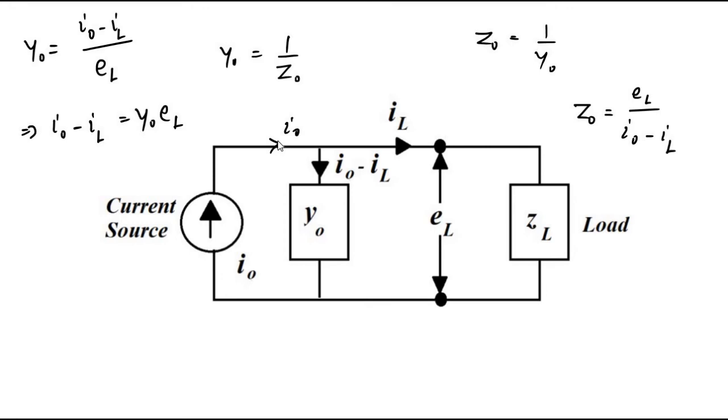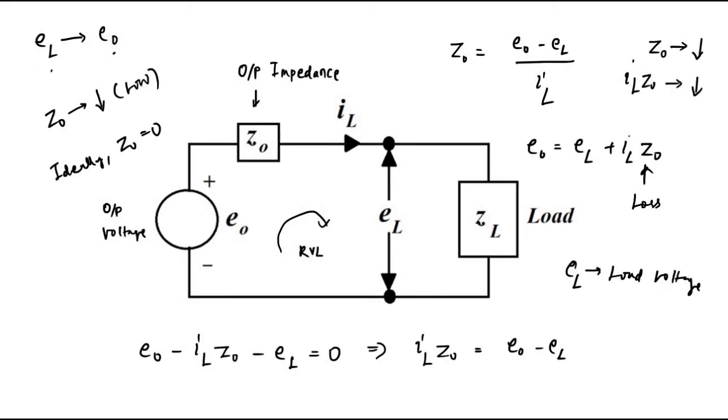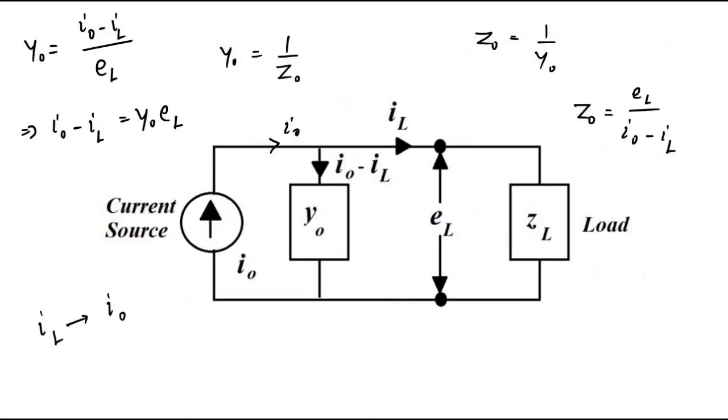Now what we want is that the load current should be as close to the output current. In the previous case, what we wanted, the output voltage should be as close to the load voltage. Here it is the same thing. As we are dealing with current source, Norton equivalent circuit, we want the load current to be as close to the output current. But here it is I0 is equal to IL plus Y0 EL.